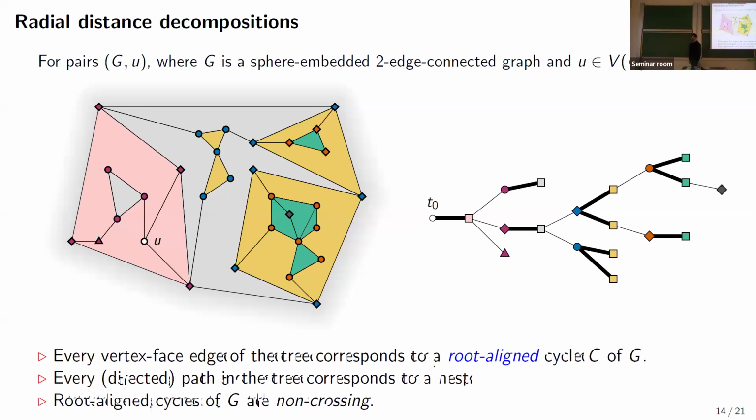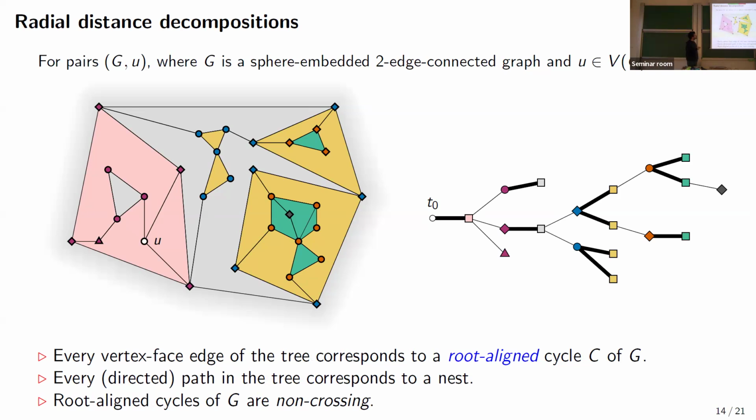Okay, so they don't have to be vertex disjoint, right? No. For example, you can see two cycles like this, the one that corresponds to this edge and this edge, that are this one and this one. So I understood before that the nest was a collection of disjoint cycles. It is.